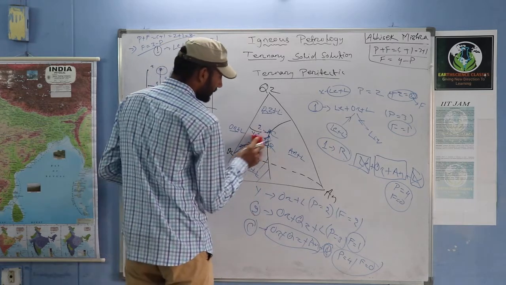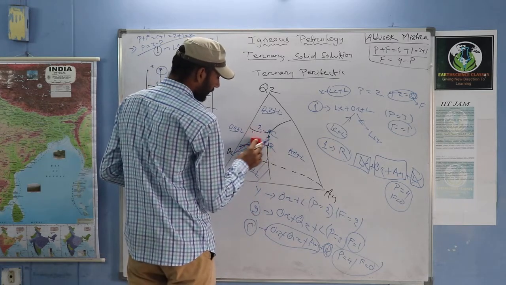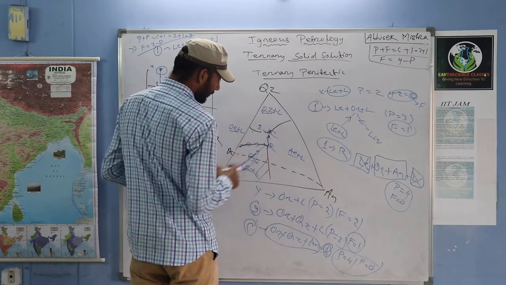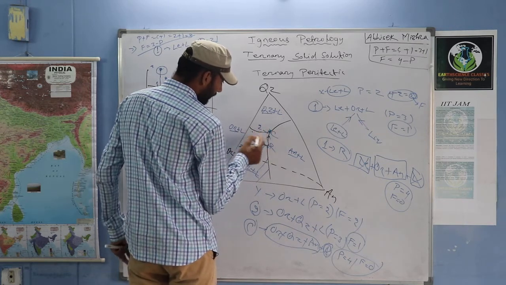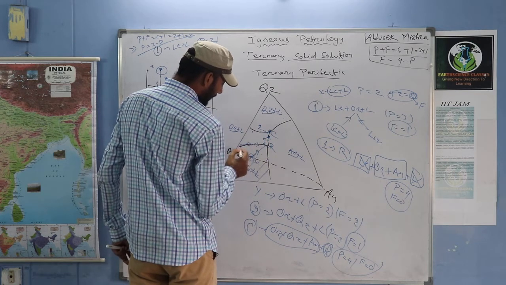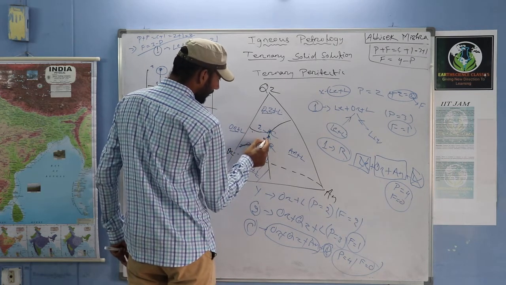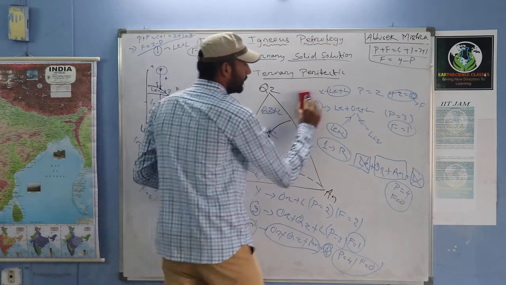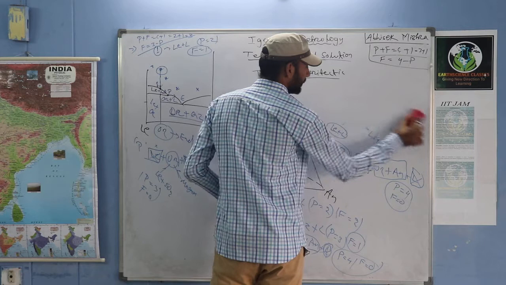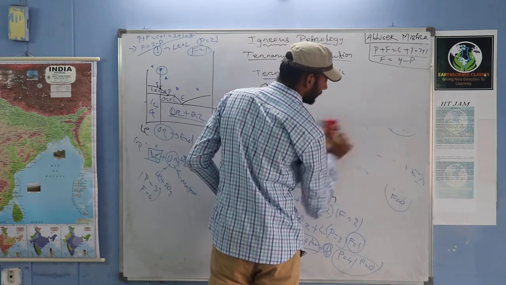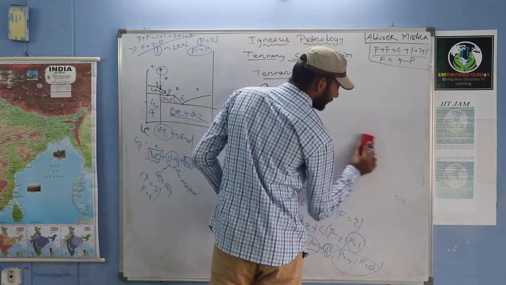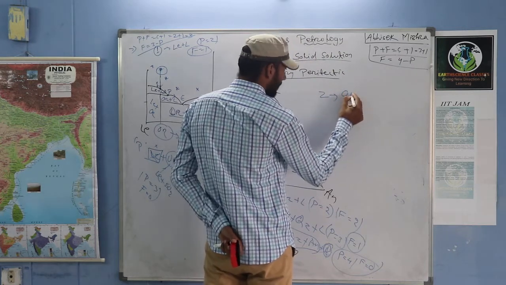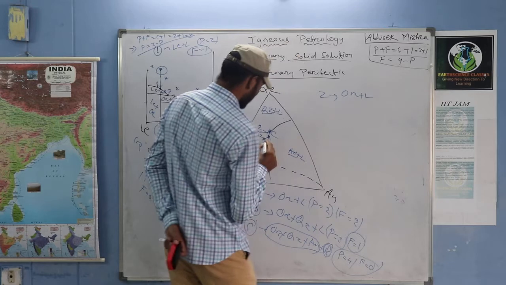Let me clear this. So if we take any point here, let's say this is Z. Okay, at Z, you will get orthoclase plus liquid.